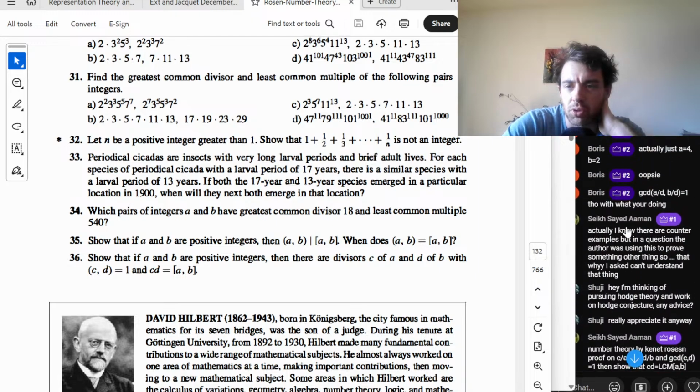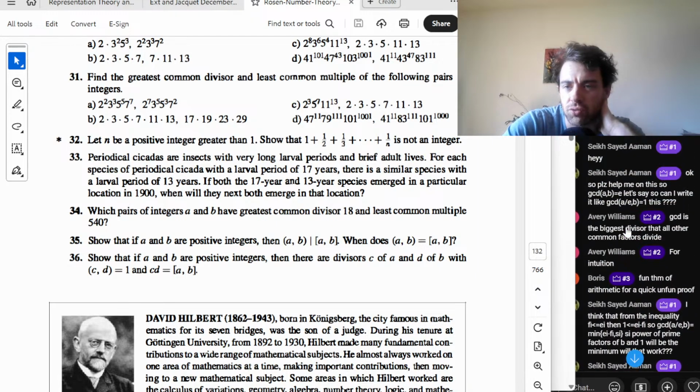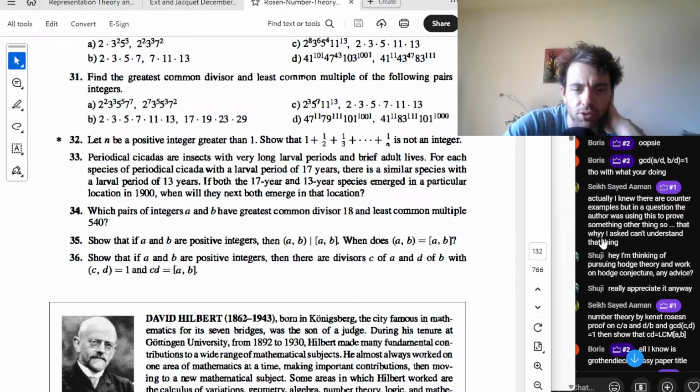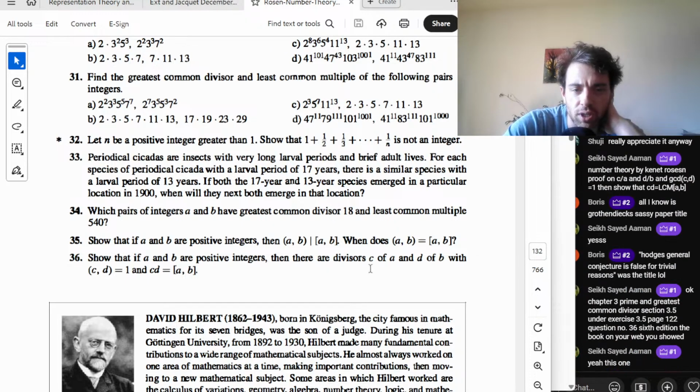What you said in chat was if the GCD of a and b is d, it implied the GCD of a/d and b/d equals 1. So that seems a little different than this question. Show that if a and b are positive integers, then there are divisors c of a and d of b which are relatively prime.